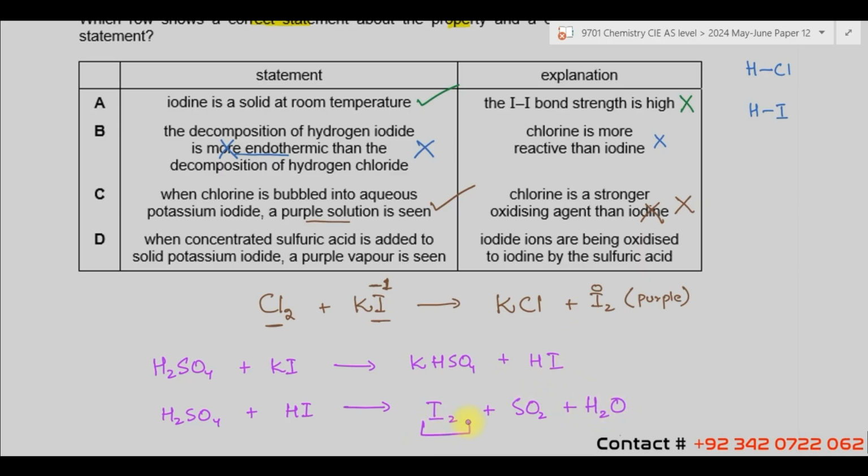Again, we have iodine formed, which is purple. So when concentrated sulfuric acid is added, purple vapor is seen. This is correct. Explanation: iodide ions are being oxidized to iodine by sulfuric acid. Let's see the oxidation state. Iodide is -1, iodine is 0. So -1 to 0 is oxidation, which means H2SO4 is behaving as an oxidizing agent. True explanation. Correct answer is D.